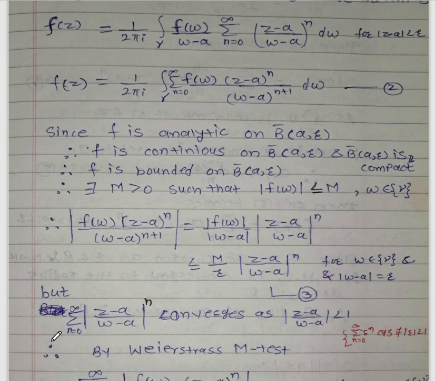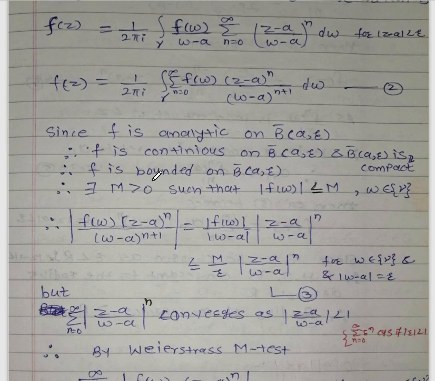Okay, but we are given that f(z) is analytic on a closed circle whose center is a and radius r. Therefore, if the given function is analytic, then that function is differentiable as well as continuous, and also bounded and compact.